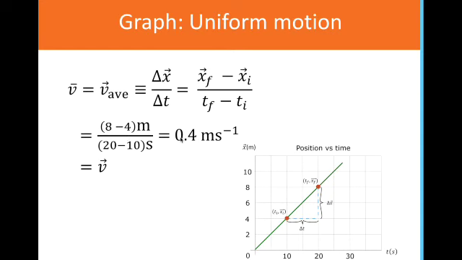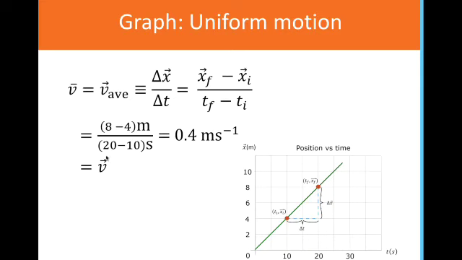That will give you, if you work it out, 0.4 meters per second. And it's implicit that it is positive here. This is the velocity, so you don't have to write the plus there, but it would be good if you put in a plus just to show that you know exactly that it is in the positive direction.